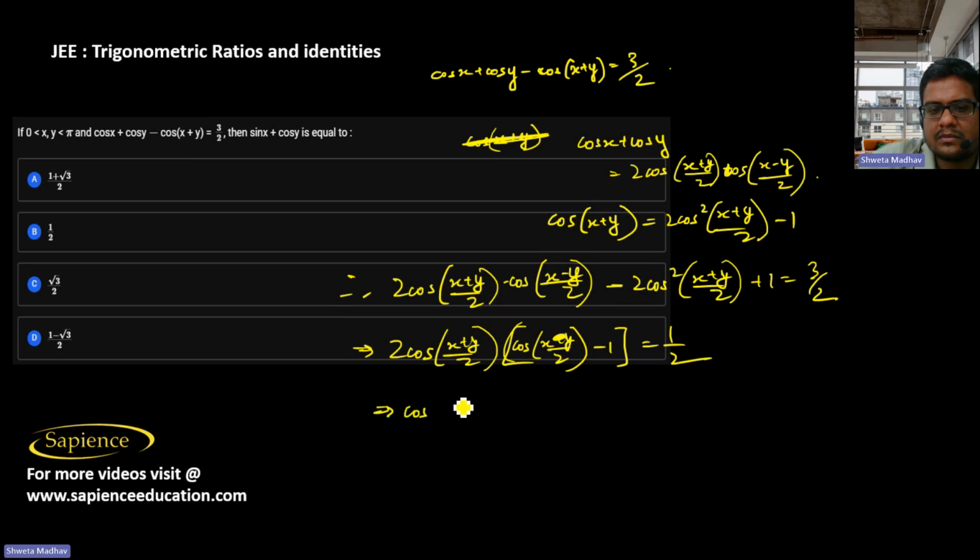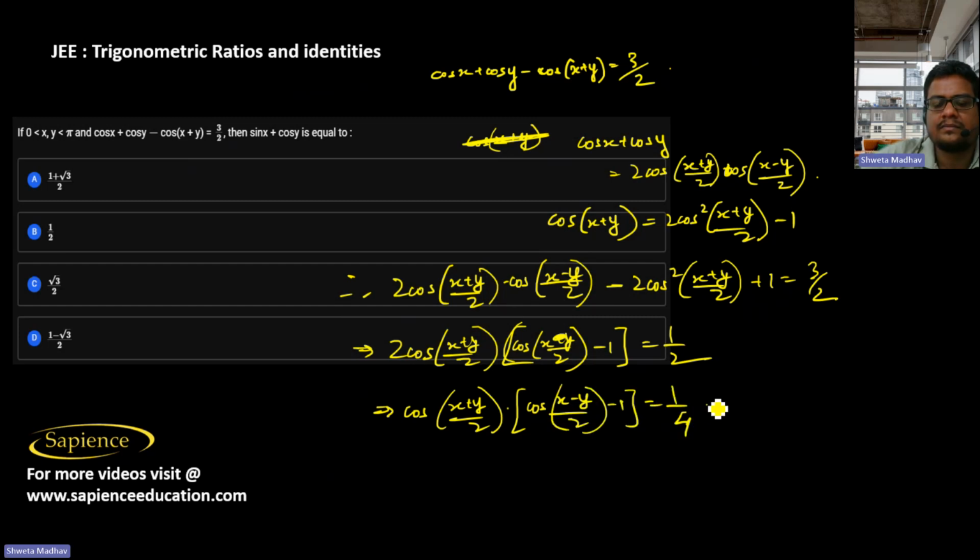Means cos of (x plus y) by 2 into cos of (x minus y) by 2 minus 1 will be equal to 1 by 4.